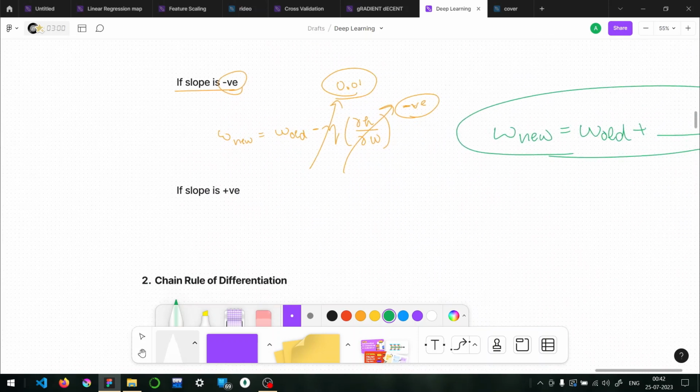Similarly, when the slope is positive, W new is equal to W old minus the learning rate, which is positive, times the slope, which is also positive. That means the weight is going to decrease by some value.